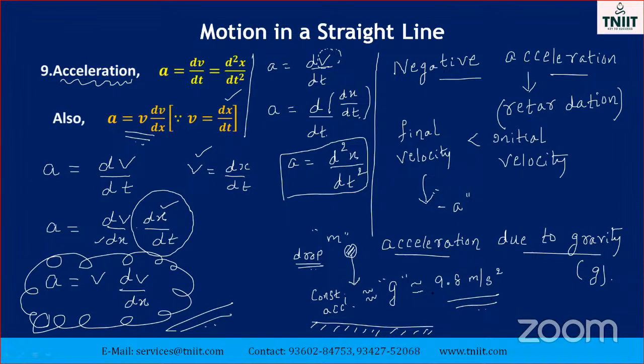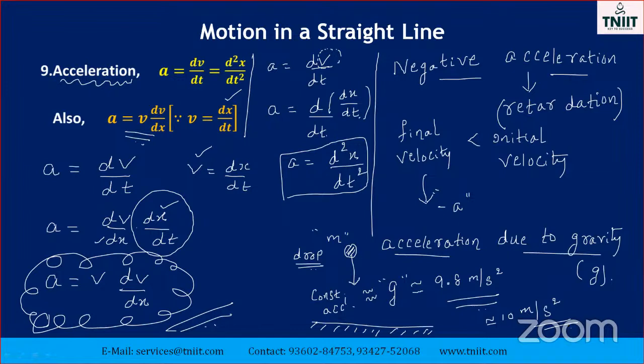This is on the surface of the Earth. Remember that. But while solving competitive exam problems, you can take the value of g as 10 meter per second squared only. So the value of g on the surface of the Earth is 9.8 meter per second squared, that is the acceleration due to gravity, and approximately 10 meter per second squared.